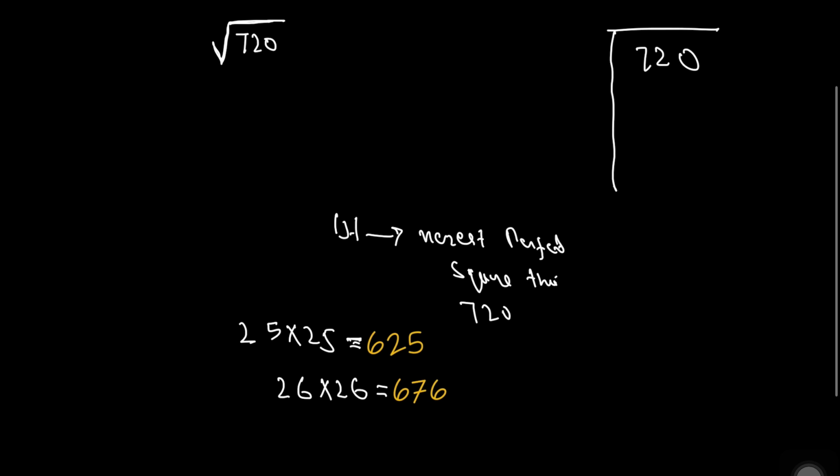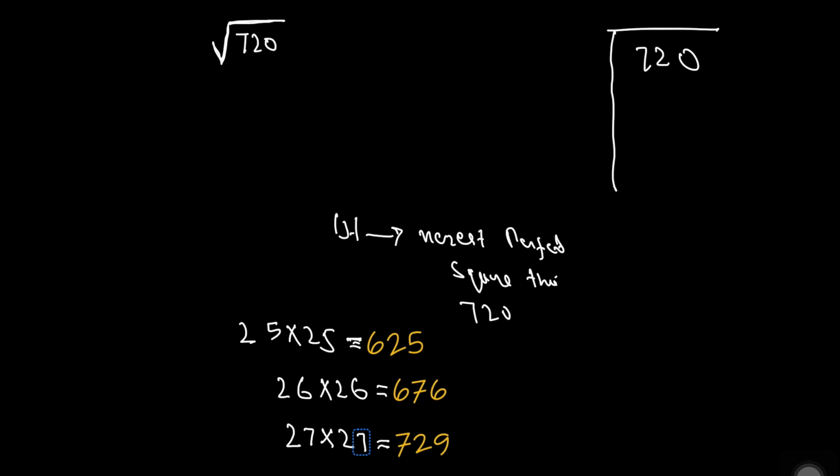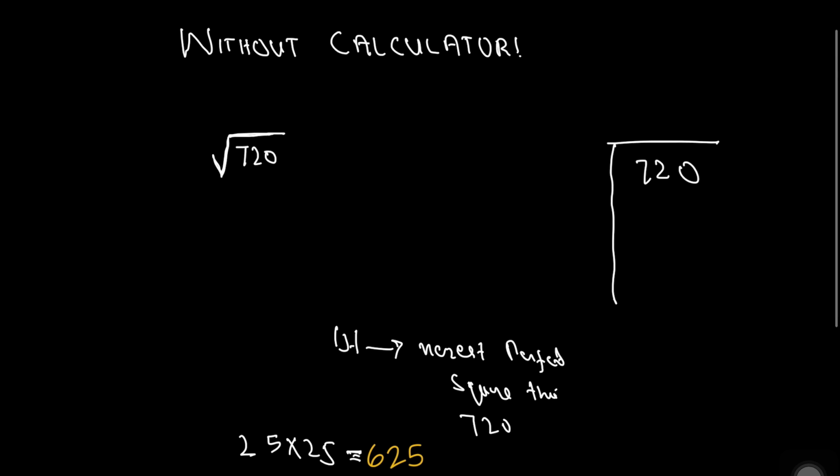Now we also check 27 times 27, which is equal to 729. So this number is greater than 720, while 676 is less than 720.